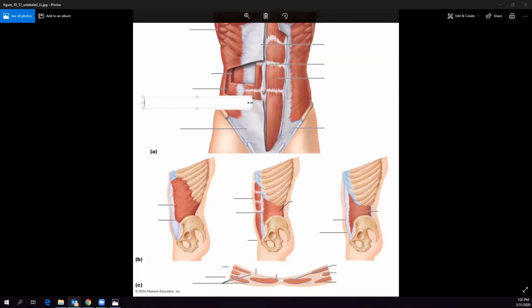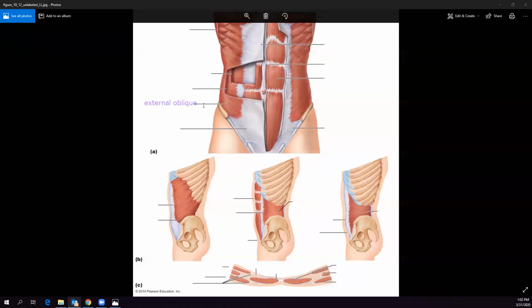We have 3 layers within our abdominal wall. The outermost layer, whose fibers run down, is the external oblique. Then we have the internal oblique.